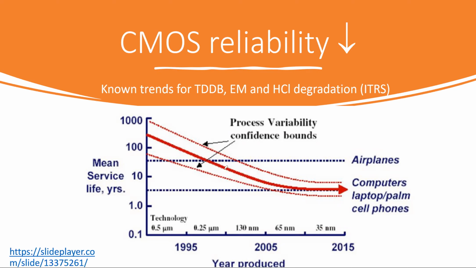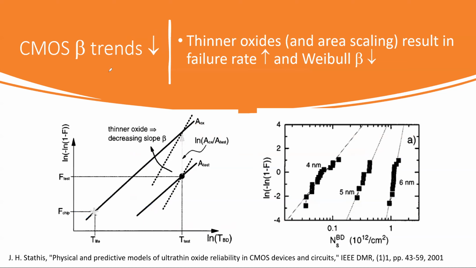And why is this happening? This is because the CMOS beta, the shape parameter trend, goes down. Right? Thinner oxides, area scaling, getting smaller and smaller, the chip gets smaller and smaller. And this means that the failure rate increases and the Weibull beta decreases. So this famous paper shows you that when the oxide gets thinner, your slope gets smaller, right?